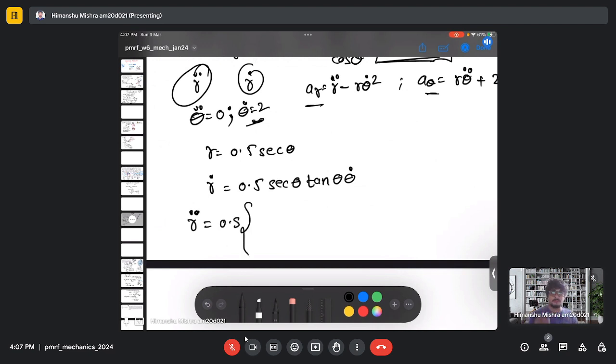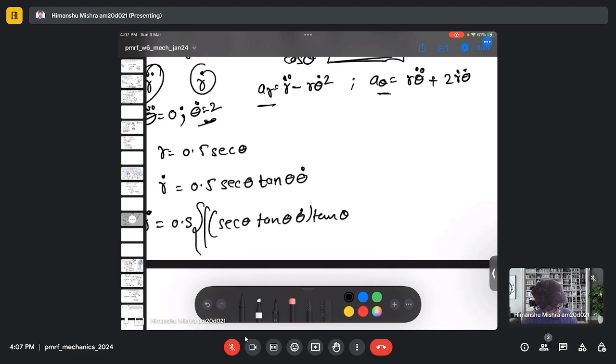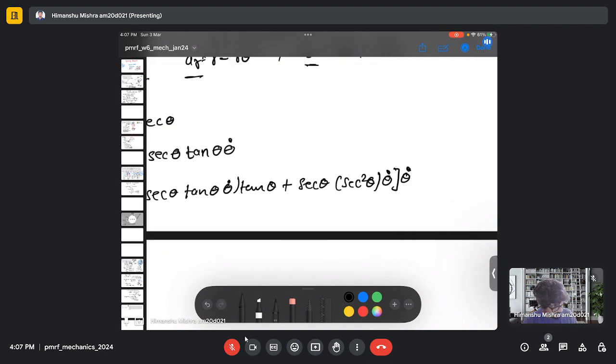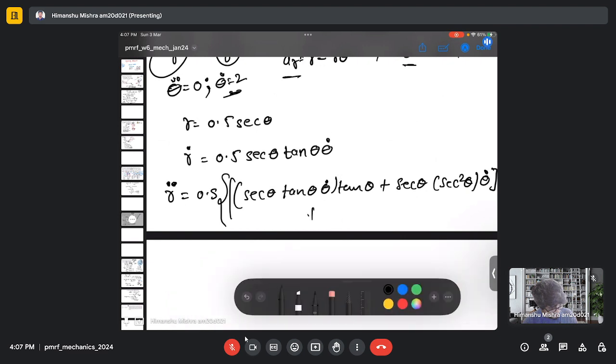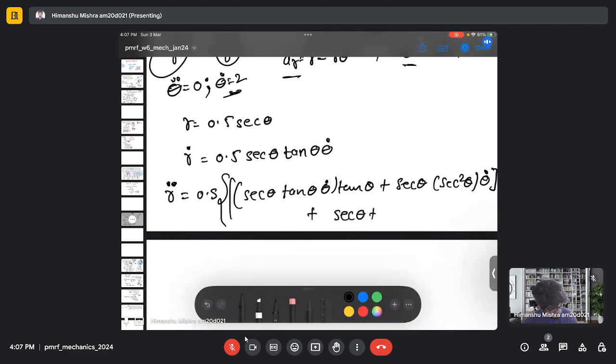So I will be using the chain rule here. It will be sec theta tan theta tan theta dot plus sec theta sec square theta theta dot, which is combinedly multiplied by theta dot, plus sec theta tan theta theta double dot.